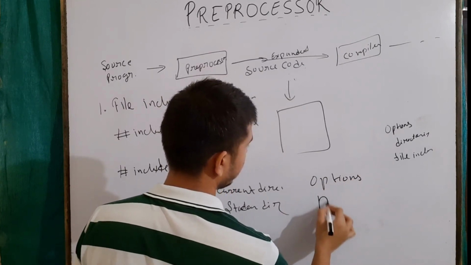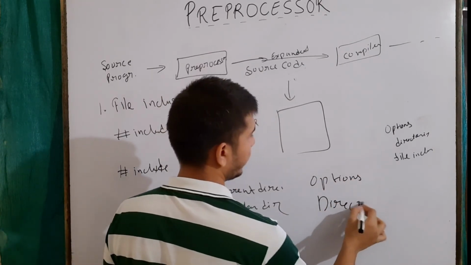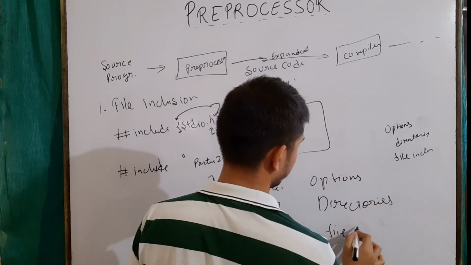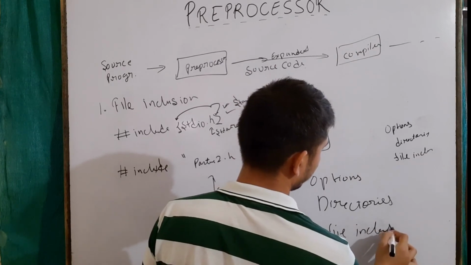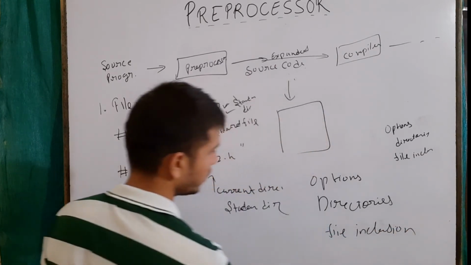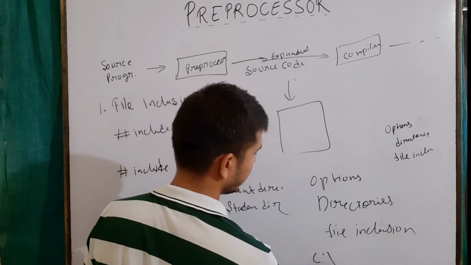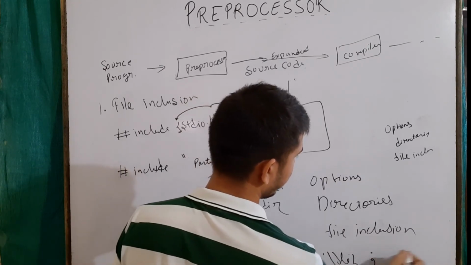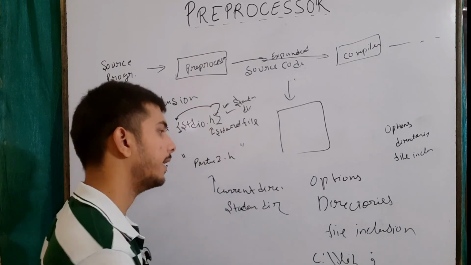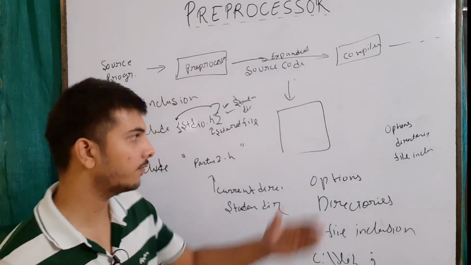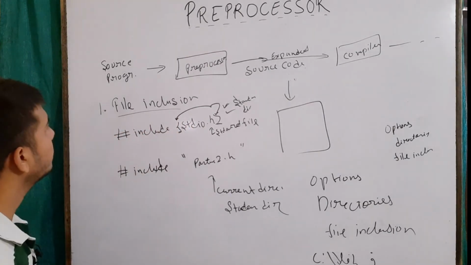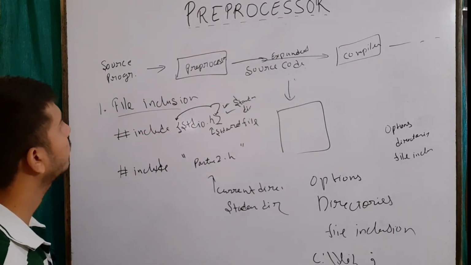Then there is something known as Directories, and there is an option for file inclusion or something like that. You have to change the path, like C lib. So we can also embed any other path there if we want to change a standard path. In this way we change our path. So this is our first preprocessor directive, that is file inclusion.